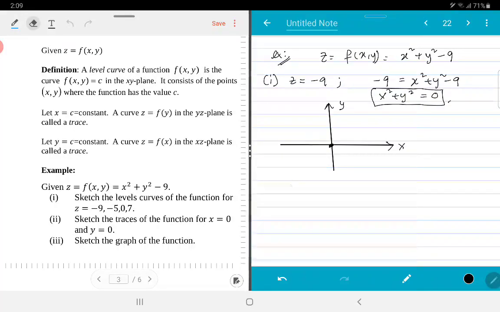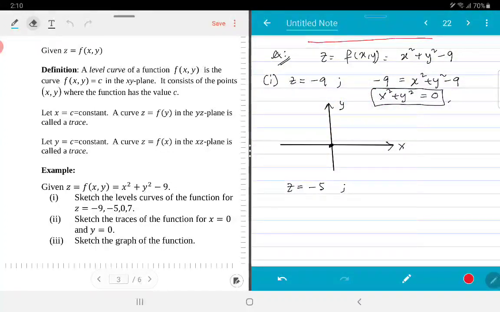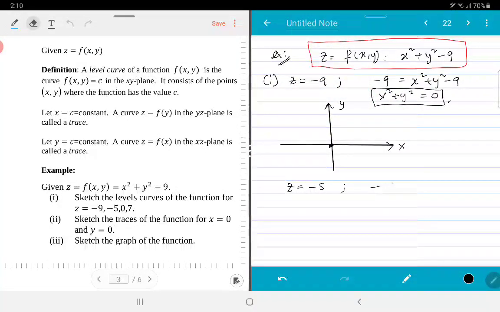The next level curve is for z equals -5. When z is equal to -5, this is our equation. Replacing z with the constant -5, we have -5 is equal to x squared plus y squared minus 9.